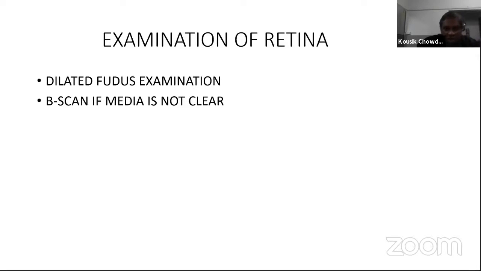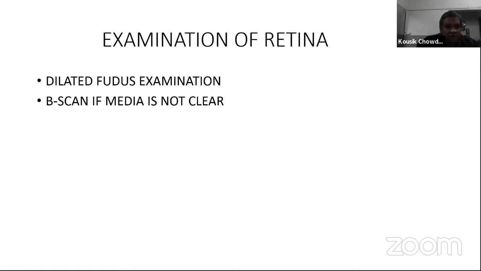We give it 15 to 30 minutes before to dilate the fundus, and we see the fundus by dilating the pupil. This is the dilated fundus examination. This is the way to see the retina through the pupil.